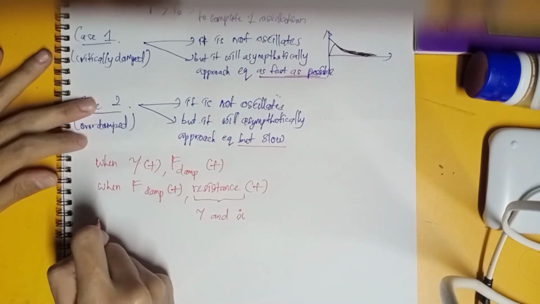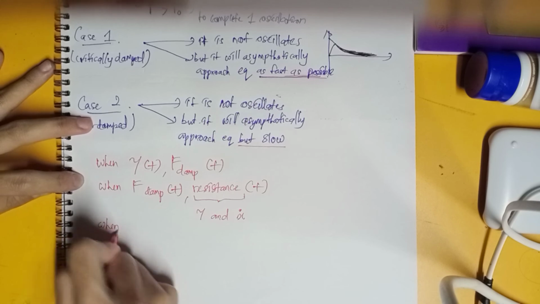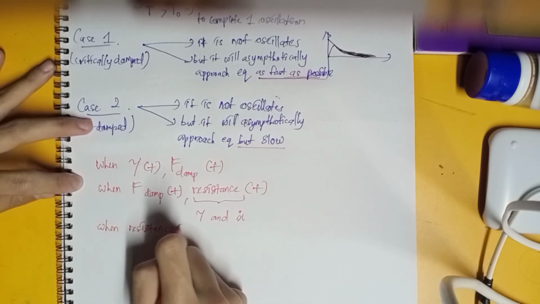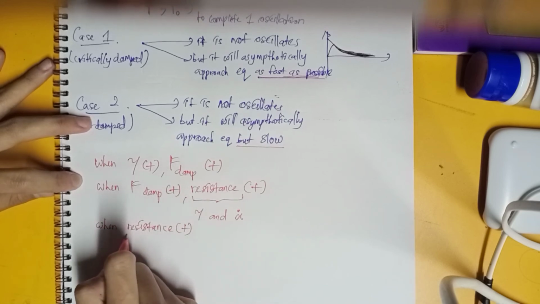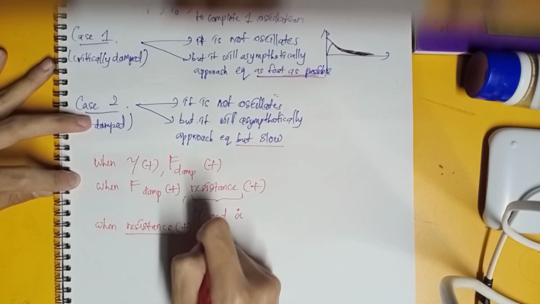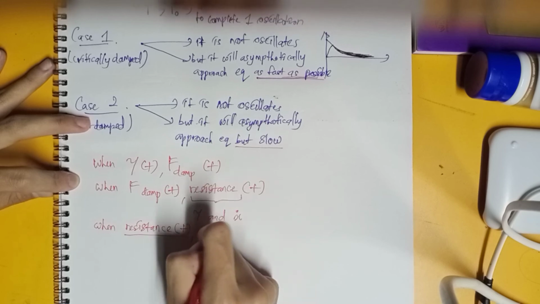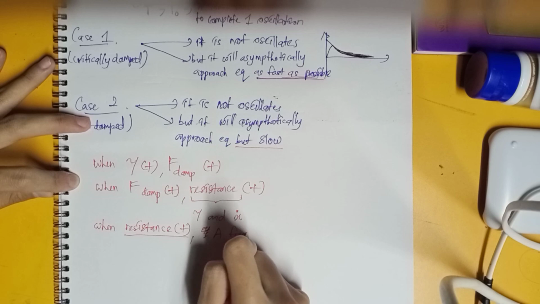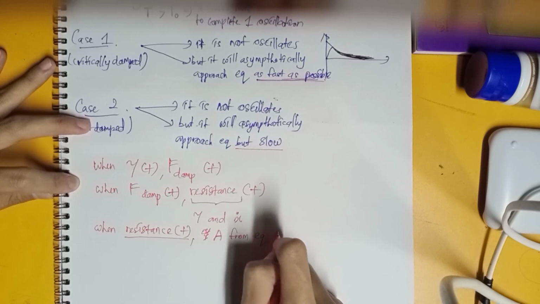So when the resistance increases, the amplitude from equilibrium will decrease.